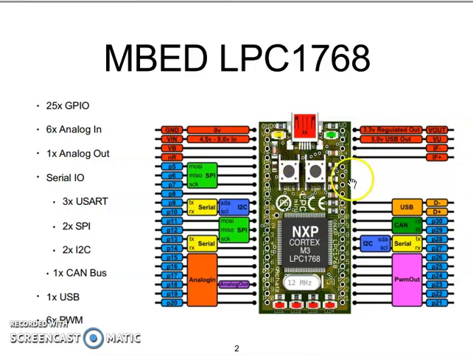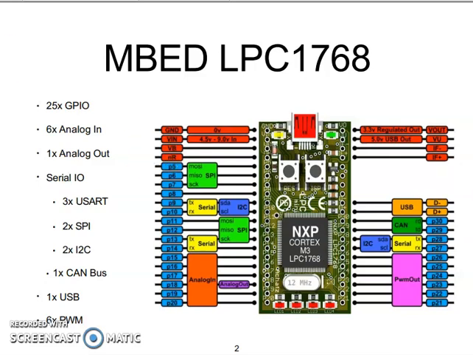The mbed board has a microcontroller, the LPC1768, in which the core of the processor inside is ARM Cortex-M3. So how do we know that the LPC1768 has an ARM Cortex-M3 core inside?